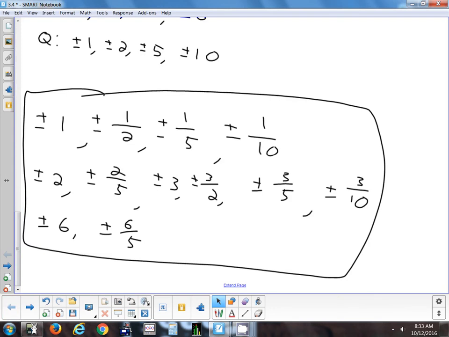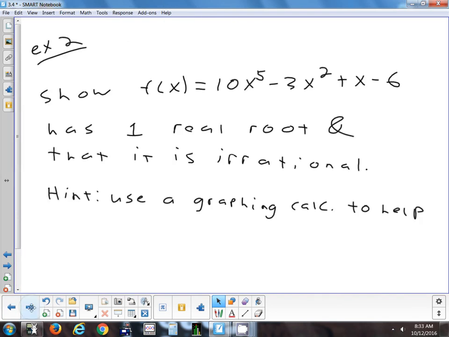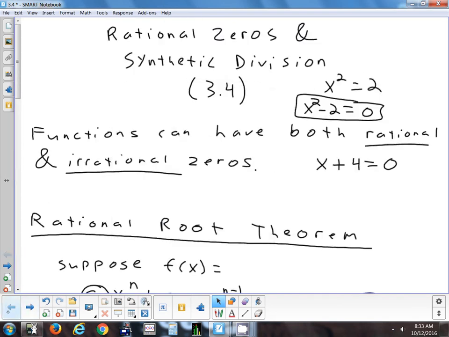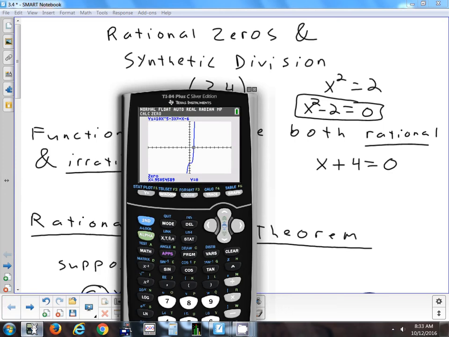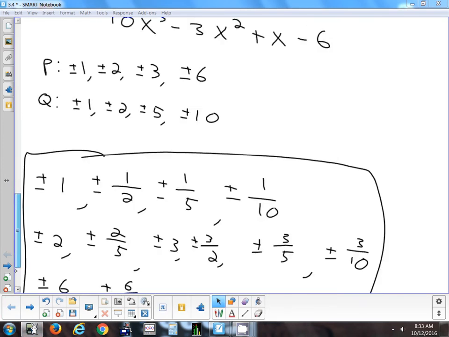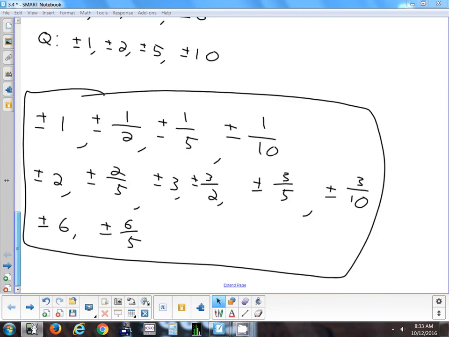These are the only rational numbers that exist for this problem. So if you get a number that's not in this list, it must be irrational. It has to be. Any questions on that reasoning?